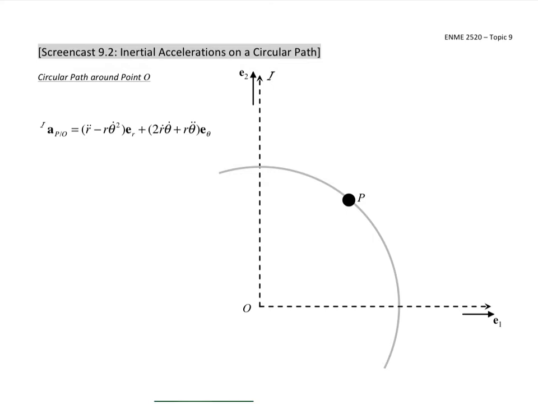Velocity is a vector, which means that it has both a magnitude and a direction. And if particle P is moving counterclockwise, then we can draw our velocity vectors as it's moving around the path to look something like this.